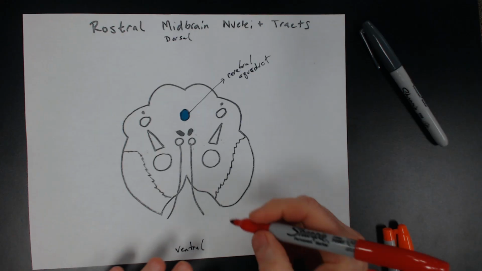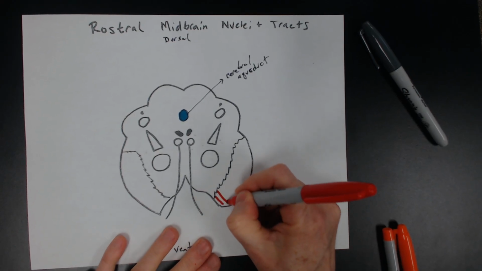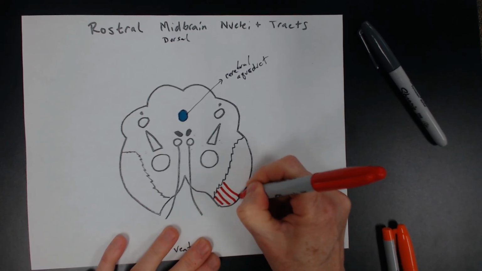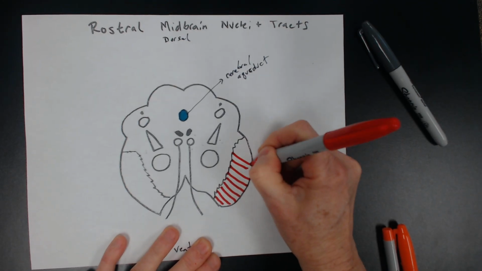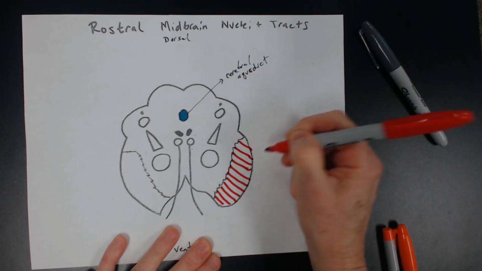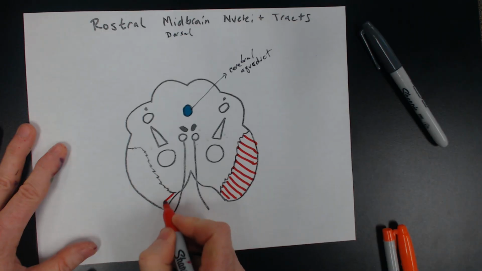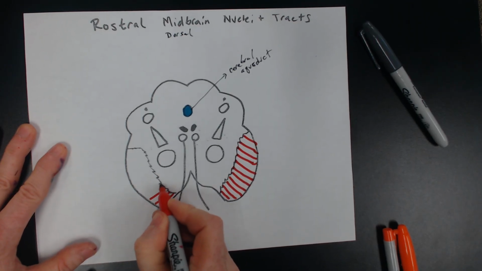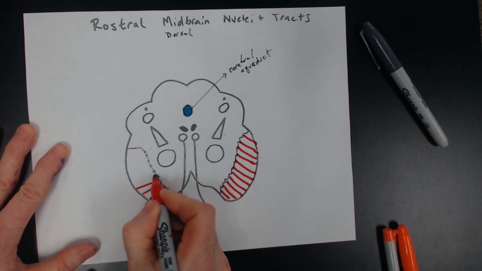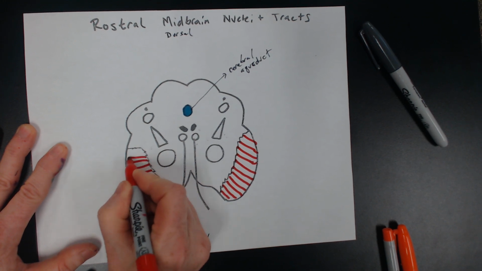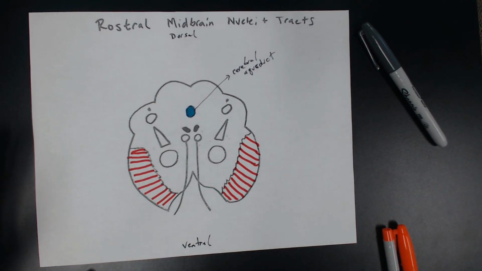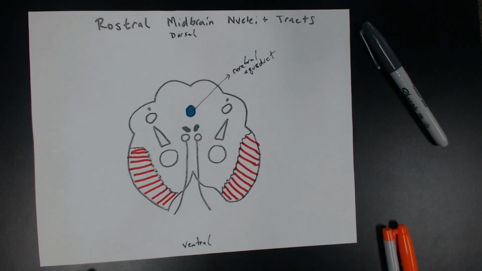Present most ventrally. Huge amount of stuff coming down. This huge amount of stuff represents the combination of both the corticospinal and the corticobulbar tracts.